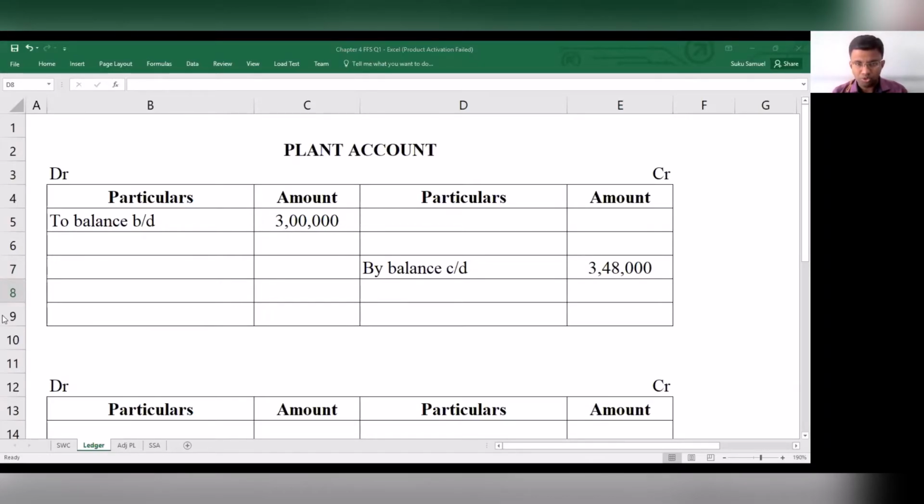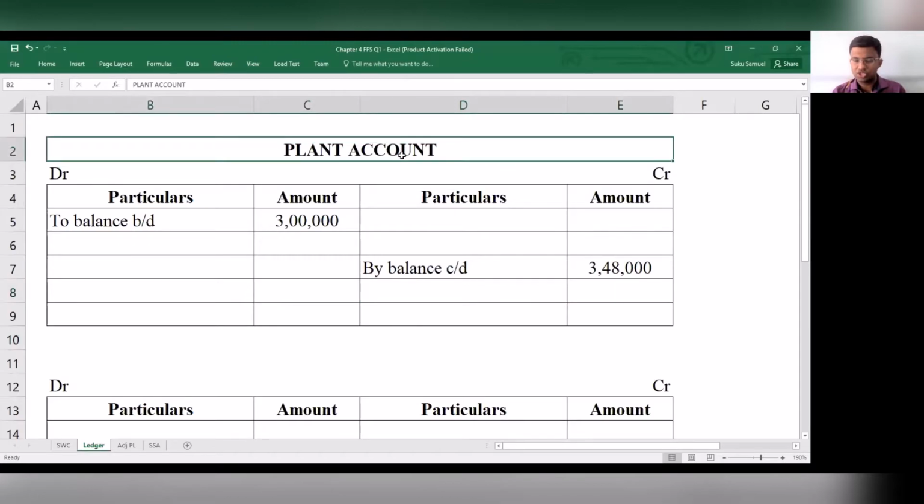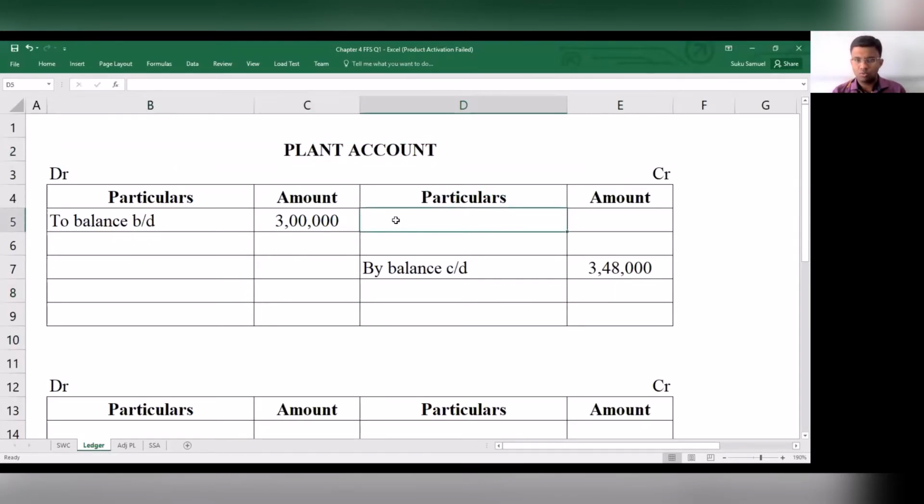Now, what has been told to us? We've been told that there is a depreciation written off on plant, which was 28,000. So depreciation is charged for plant. When depreciation gets charged on plant, what happens with the plant value? Plant value will reduce. Since plant account is real in nature, debit what comes in, credit what goes out.